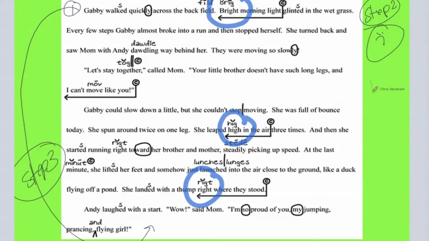What's up with these words: bright, high, and right? Oops, I messed that one up. So they all have that IGH, right? So we could say that there's an issue with phonics, specifically with that trigraph, IGH.